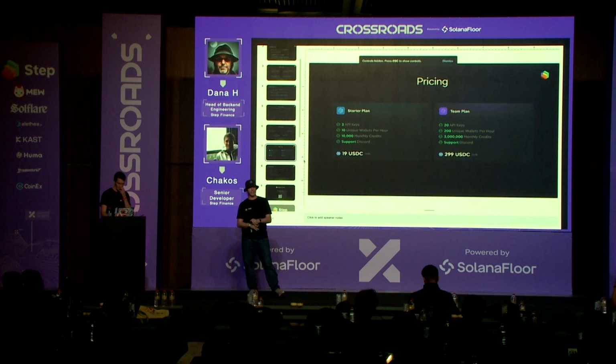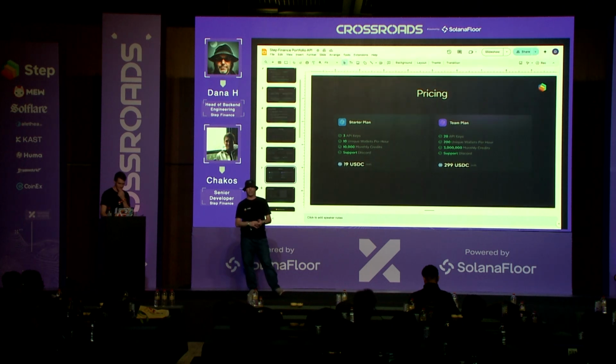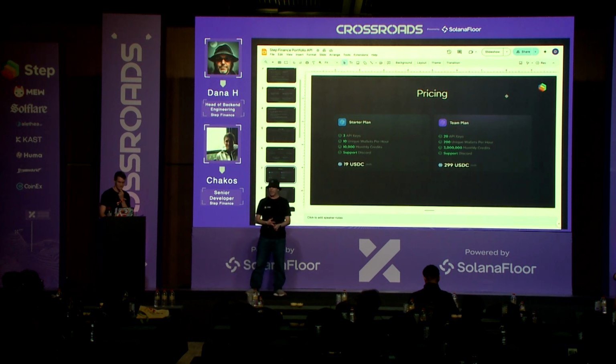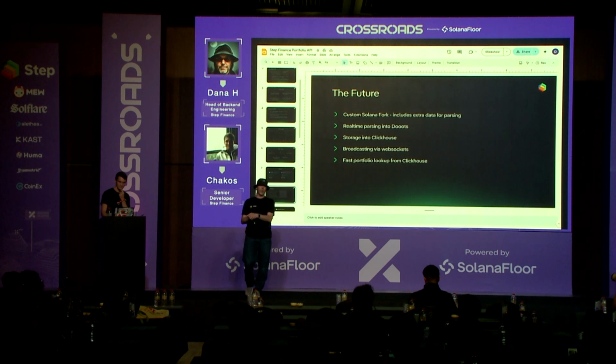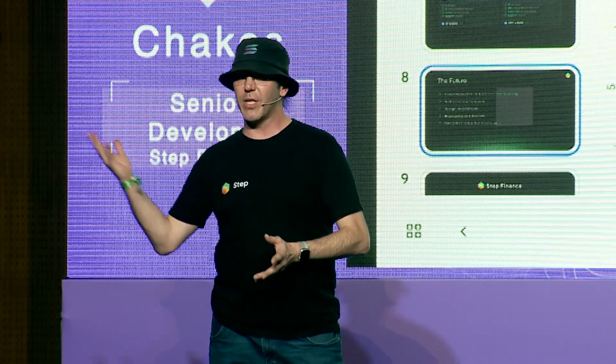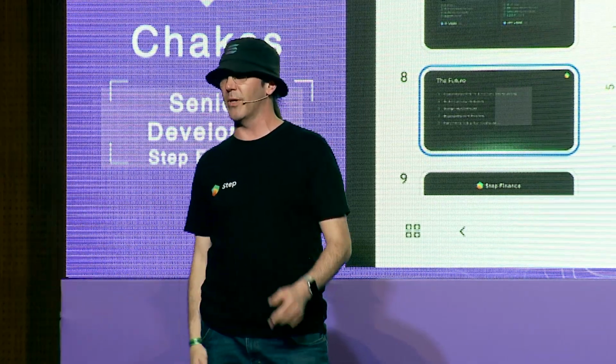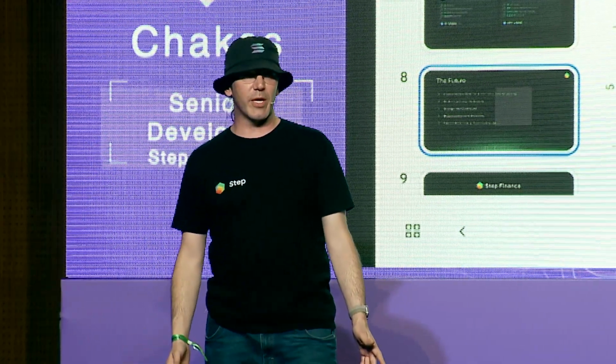Get program account calls, which are super expensive, take forever to run, and then followed by tons of get multiple account calls and all sorts of other RPC calls. And what was happening is a single call to our API can result in over 500 calls to an RPC. So obviously that does not scale well.